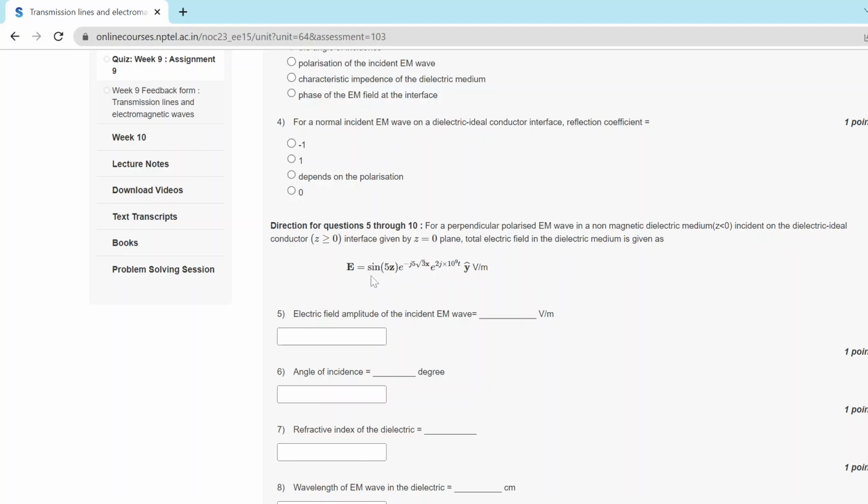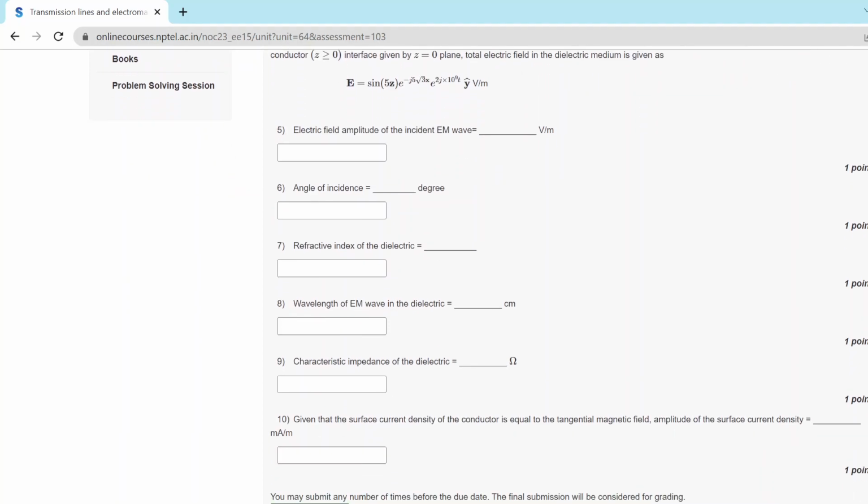So angle of incidence is always given by the wave vector. From that we can write what is the angle of incidence. Then what is the refractive index of the dielectric? So the refractive index of the dielectric can be found.